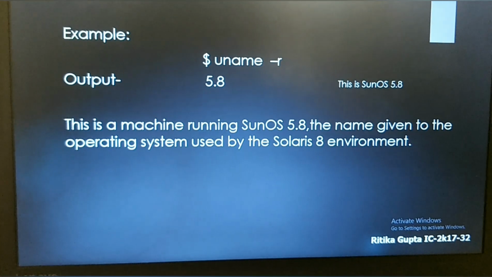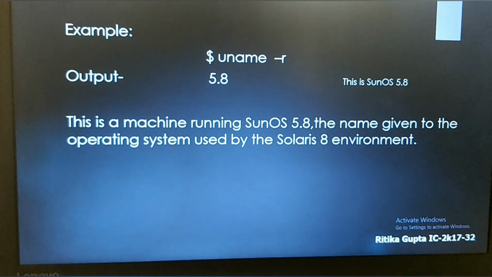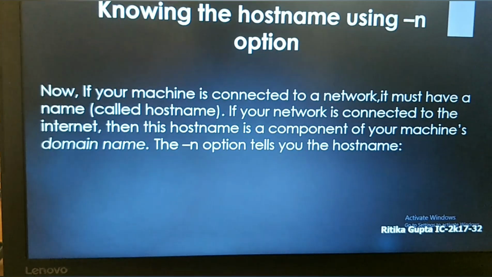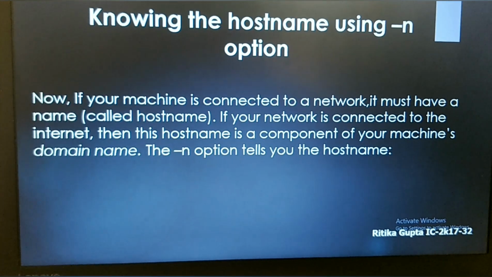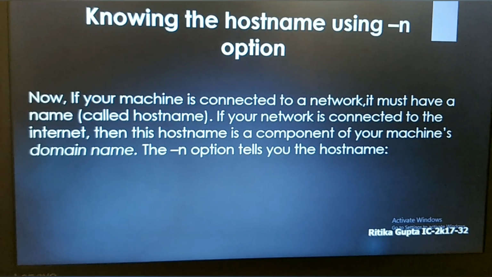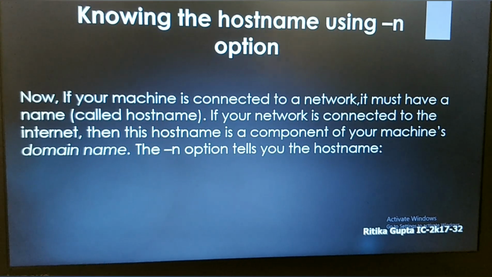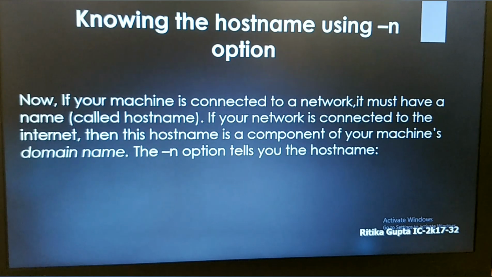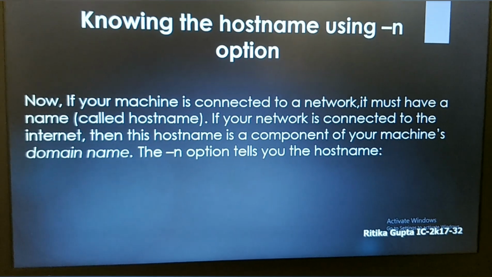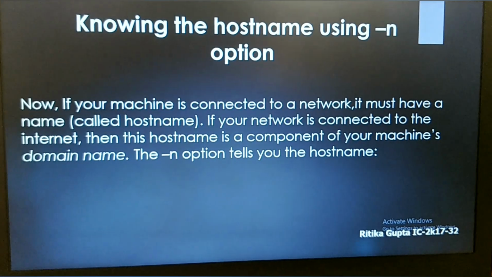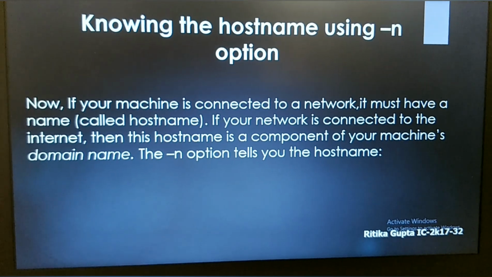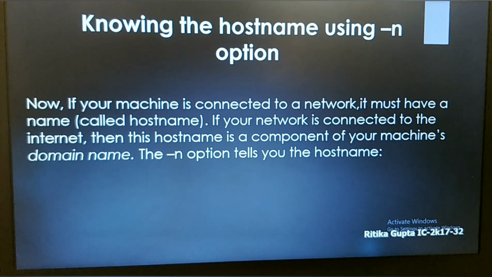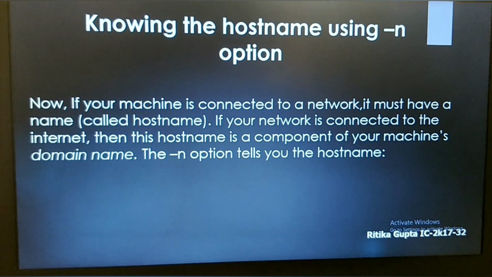Now moving on to the next option we can use with the uname command, that is knowing the host name using the -n option. Now if your machine is connected to a network, it must have a name that is called the host name. If your network is connected to the internet, then this host name is a component of your machine's domain name.